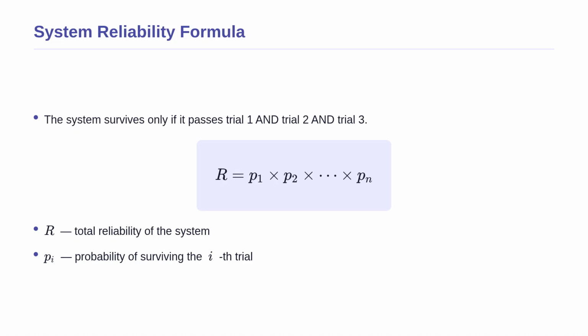We are multiplying the individual survival probabilities together. Because every probability is a fraction less than 1, multiplying them together means the overall reliability R will always be smaller than the weakest individual link. If any single component's survival chance decreases, the entire system's reliability drops significantly.